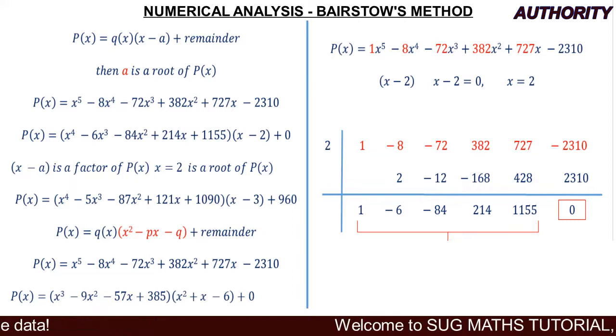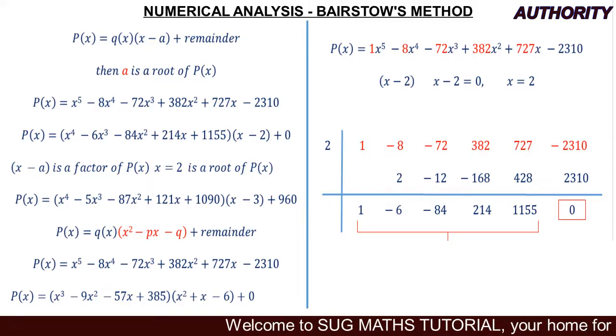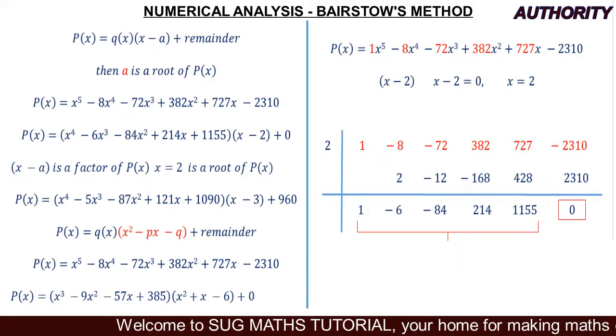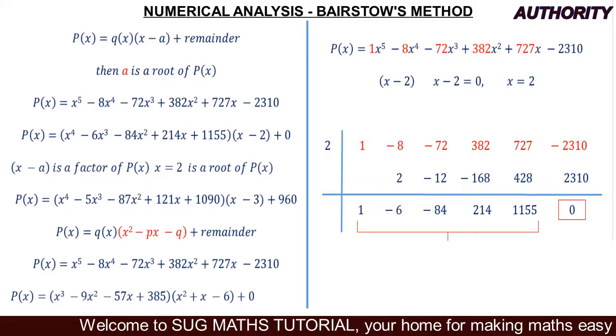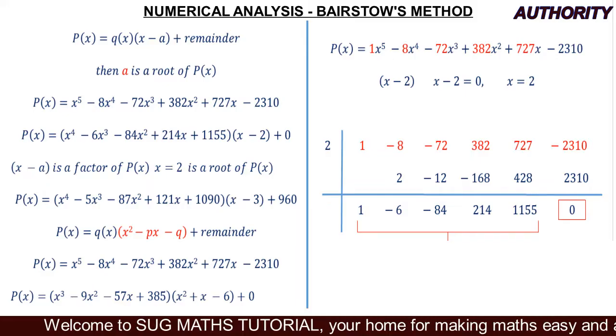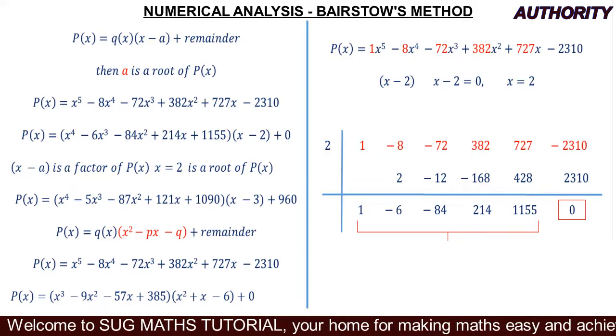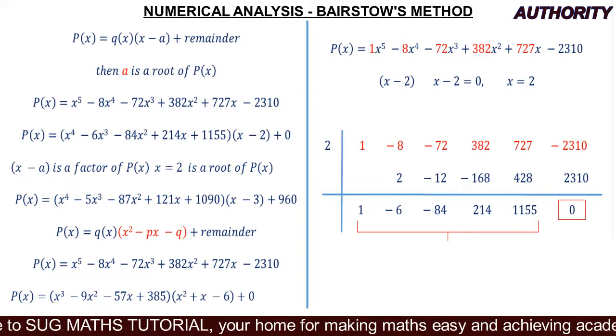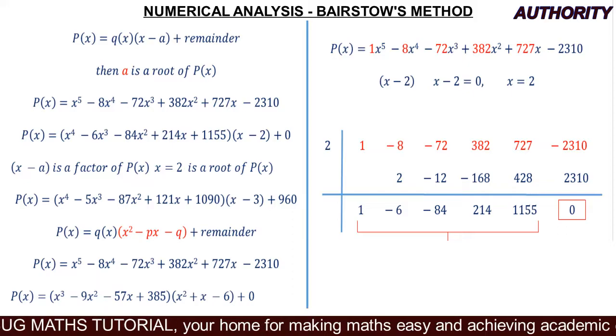2310. Now we have minus 2310 plus 2310 is going to give you what? 0. Remember, we said it earlier, right? Good. So now we have the polynomial of degree 5 being divided by another polynomial of degree 1. So that means the quotient is going to be reduced by 1 degree.